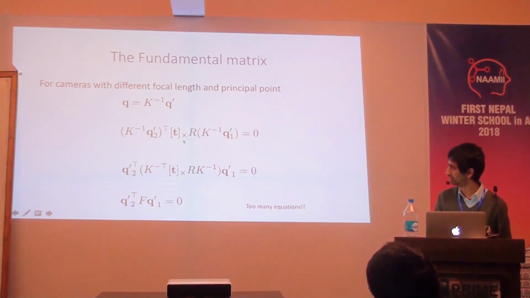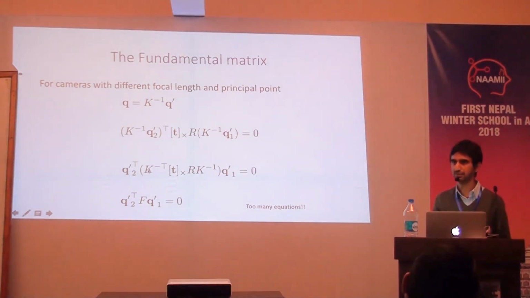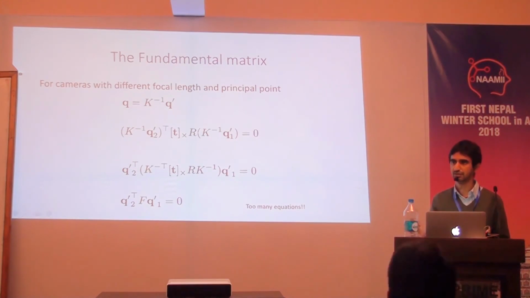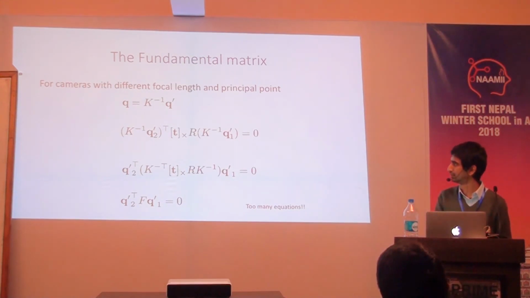And if you do this, again you will get a relation that is valid for all the pixels in the images, because K remains the same for all the images: the focal length doesn't change, and the center of the image plane also doesn't change. So what is changing here is only Q2 prime and Q1 prime.